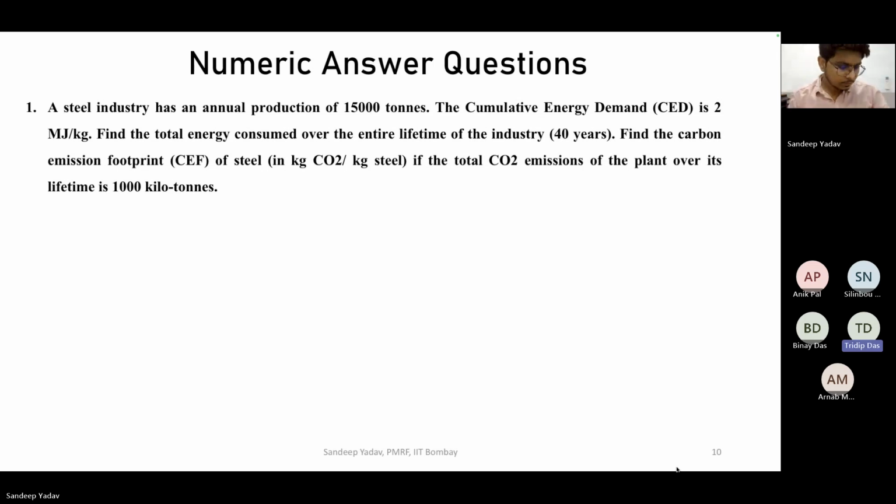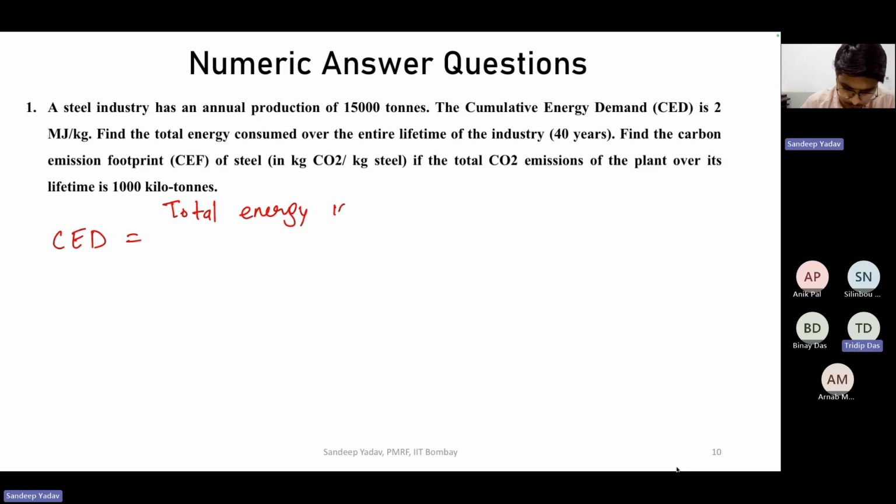First thing, we should know what CED is. CED is the ratio of the total energy input to the process for its lifetime.